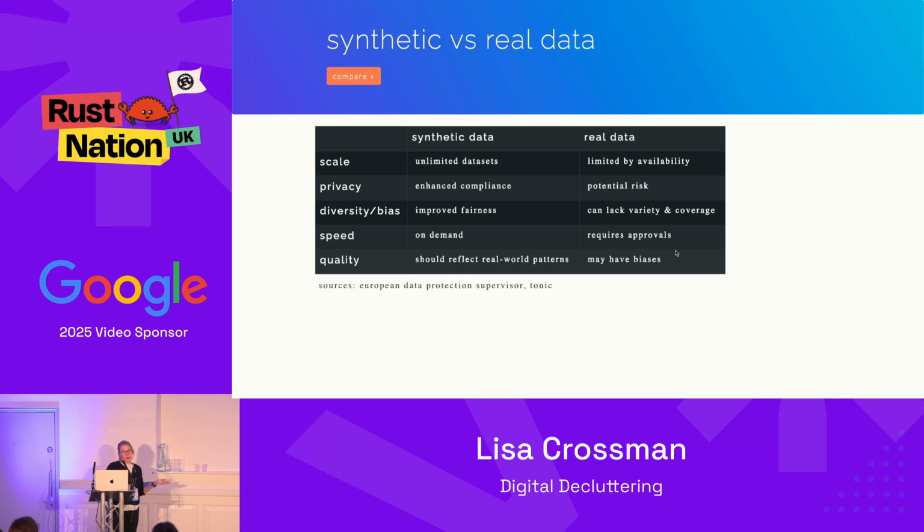In terms of privacy, you can build that into your synthetic data so you can have enhanced compliance, whereas there's always a potential risk on the real data side of it leaking. So with diversity and bias, you can build in your fairness into your synthetic data model, whereas your real data might lack some variety or be biased in terms of coverage and may not have all your edge cases.